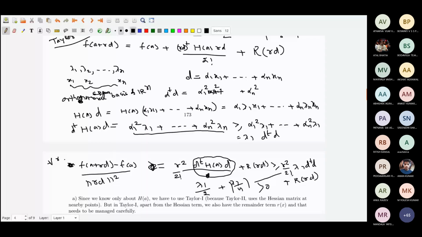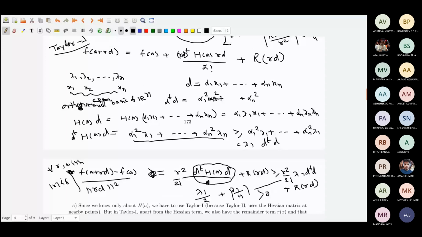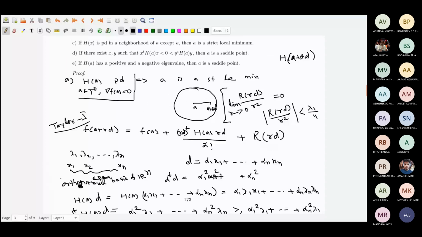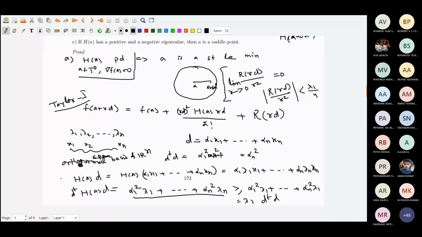Taking epsilon as lambda 1 by 4, there exists a delta so that for all R with absolute value less than delta, I will have the absolute value of capital R RD by R square less than lambda 1 by 4.